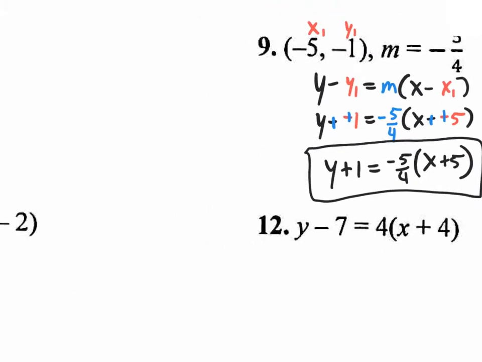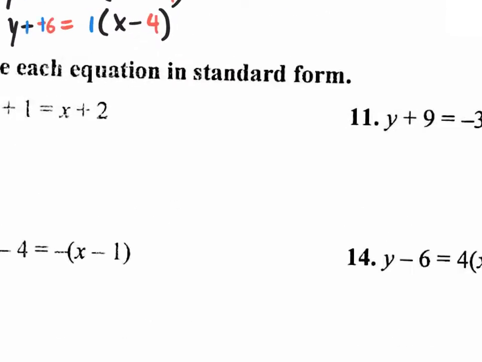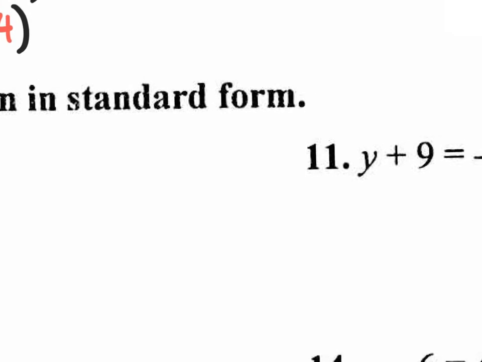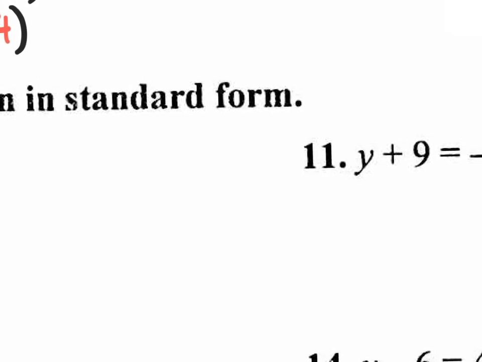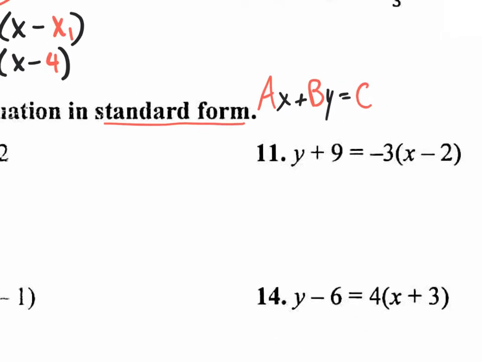Now the next section, it says right here, write each equation in standard form. Standard form. And what is standard form? It's capital A x plus capital B y equals capital C. That's to help you remember that you don't want fractions, you don't want decimals.